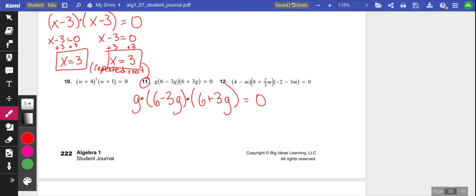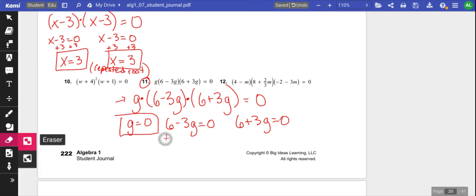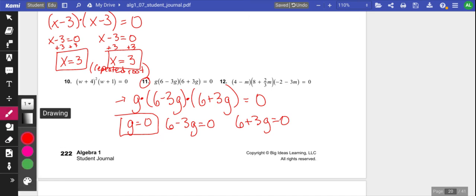Sometimes people will forget if there's just a variable on the outside. g has to be set equal to 0, 6 minus 3g also equal to 0, and 6 plus 3g also equal to 0. I'm going to have 3 answers for this one. So g equal to 0, that's already done. For 6 minus 3g, I want to get rid of that 6, so I'm going to subtract because it's positive 6.